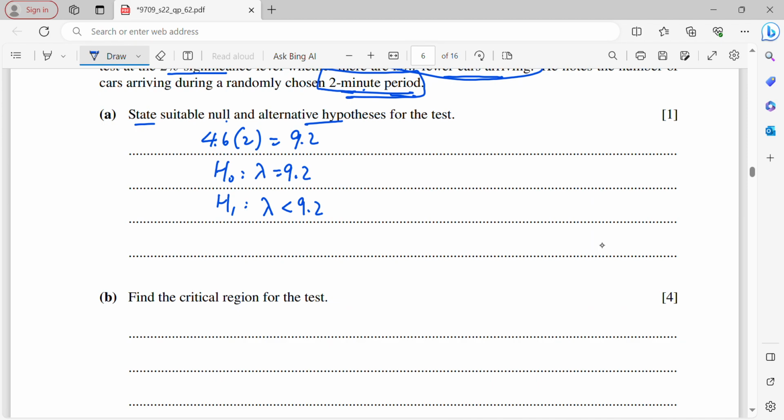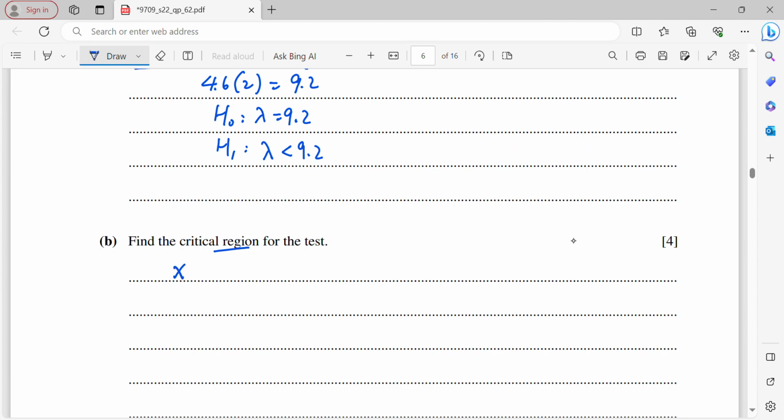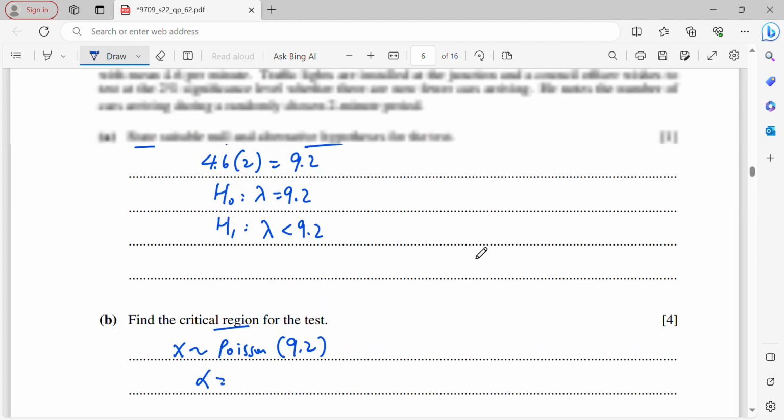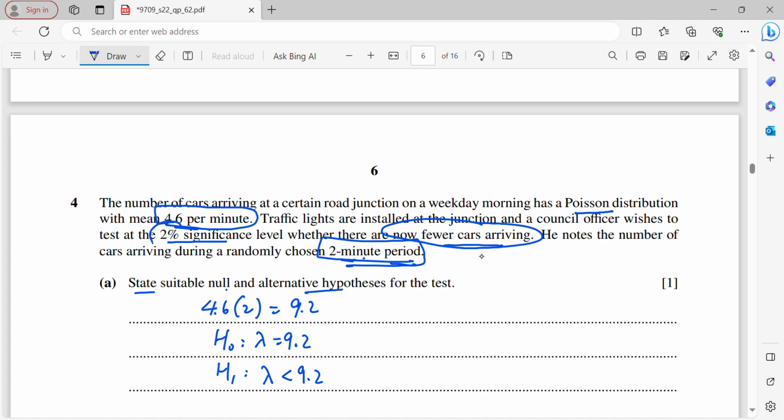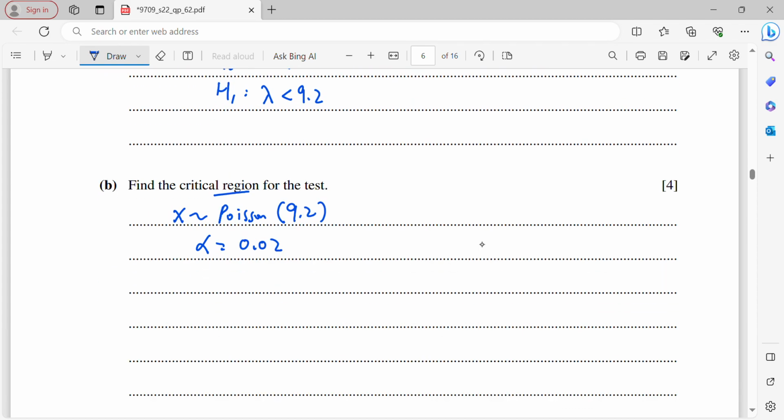Now B, find the critical region for the test. So we know that X is Poisson with lambda 9.2. Now the alpha is 2%, right? So 2% means 0.02. Remember, this alpha is the probability for you to reject H0.